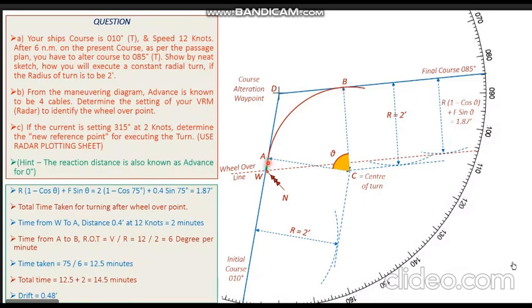The resultant of both these vectors will be basically the course made good by the ship, or you can say the curved track made good by the ship.